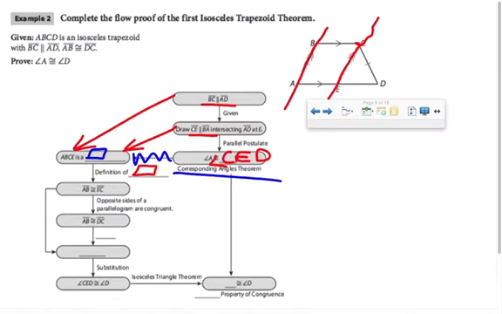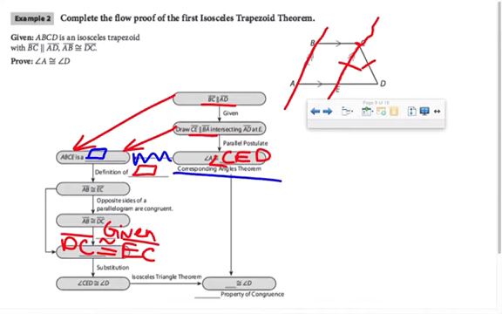Now, because it's a parallelogram, I know that AB is congruent to EC. I also happened to have been given that AB was congruent to DC. So if AB is congruent to EC and AB is congruent to DC, that means DC is congruent to EC. That's over here in this triangle.